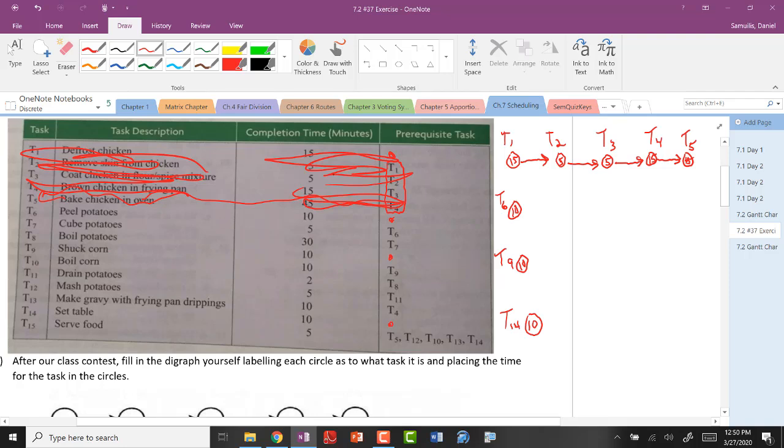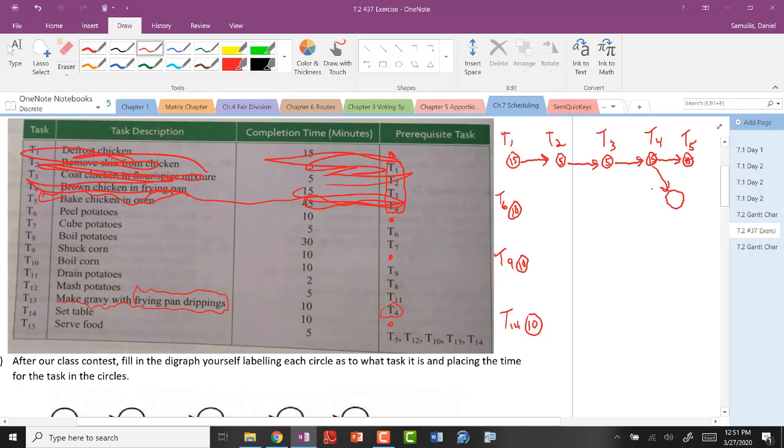Looking on down, T4, which is one of the ones I have listed here, is a prerequisite task for something else. Brown chicken in the frying pan, and then make gravy with the frying pan drippings. So T4 must be done before I throw the chicken in the oven, but then I take those fry drippings, and that's how real gravy is made unless you buy it in a can.